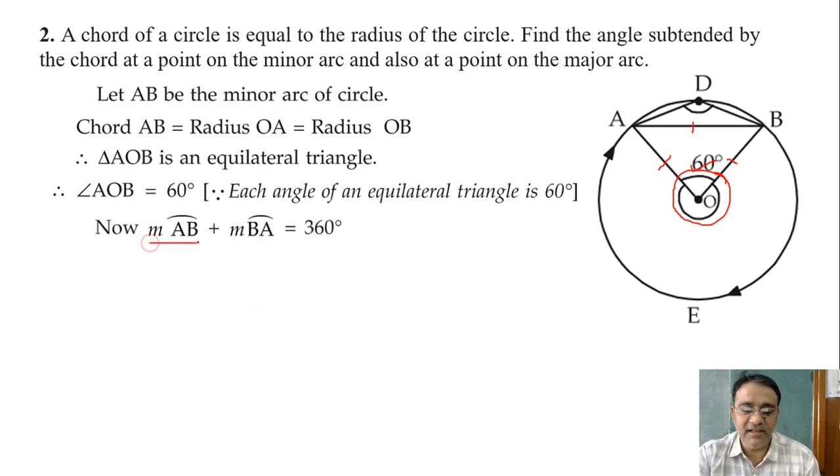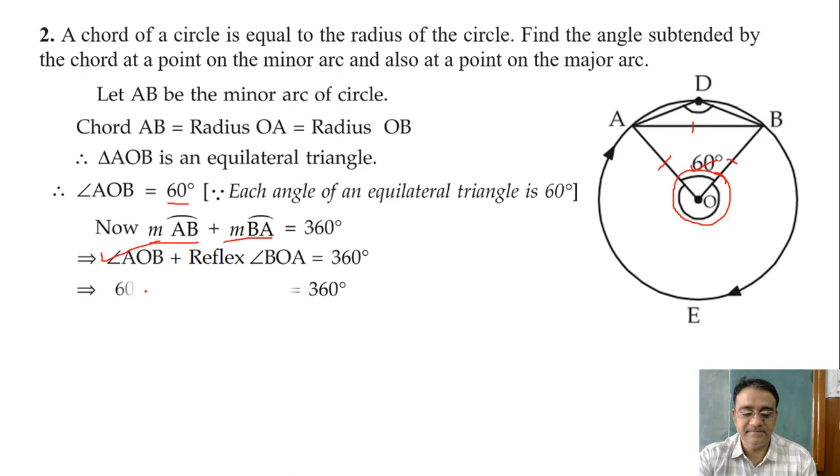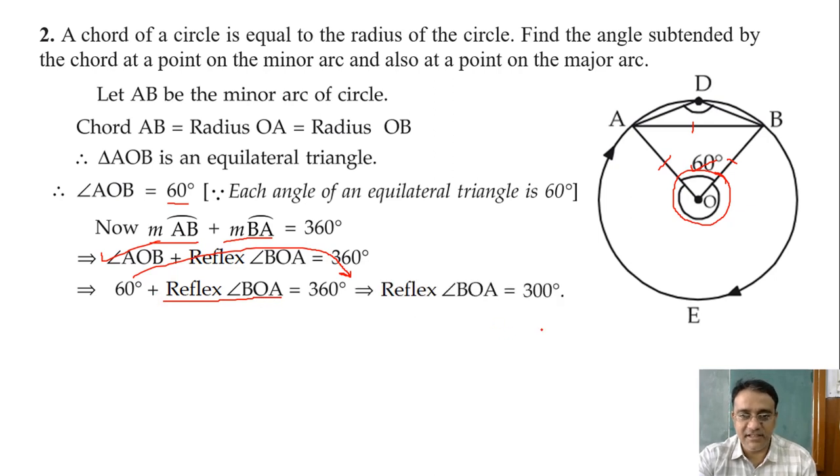So the measure of arc AB we got, that is angle AOB, and the measure of arc BA is reflex angle AOB. So angle AOB plus reflex angle AOB is equal to 360 degree, and the value of this angle we have is 60 degree. So if we subtract 60 degree from 360, how much will this angle be? 300 degree, right?